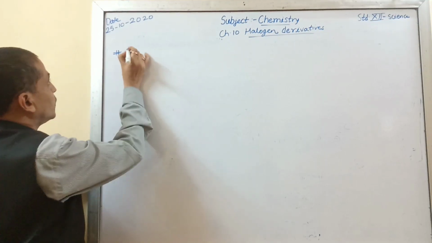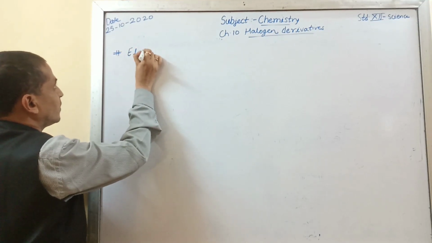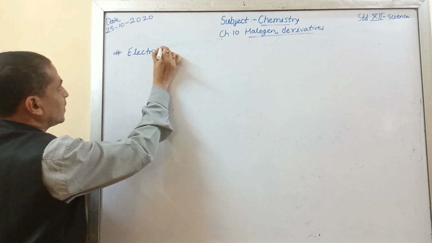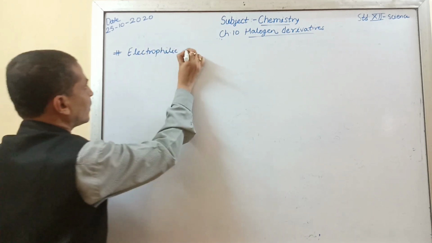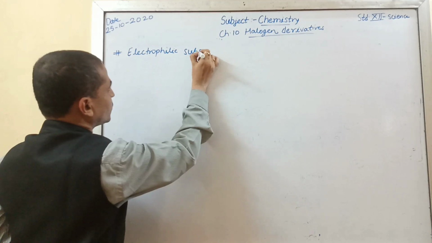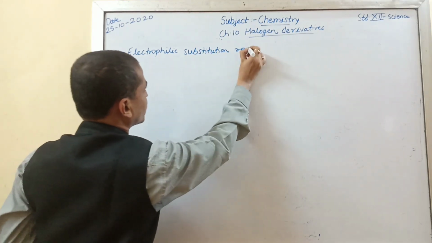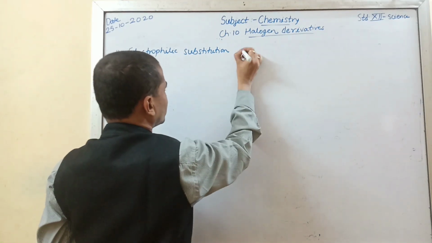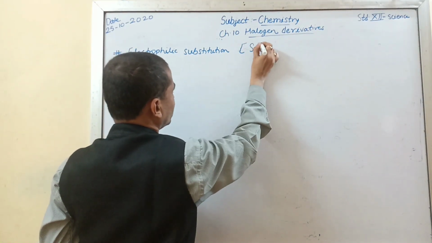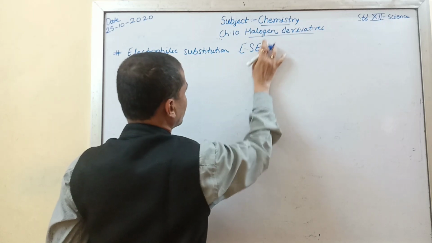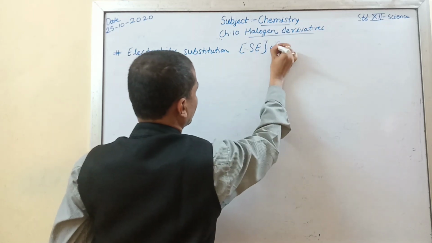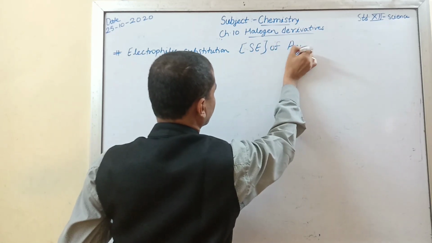Let's start with electrophilic substitution reactions. Electrophilic substitution of aryl halides is written as Se.